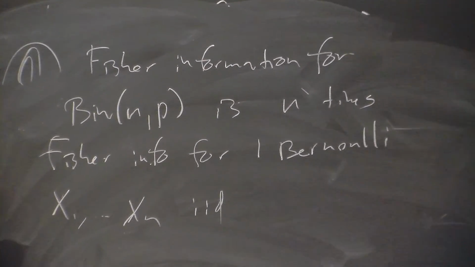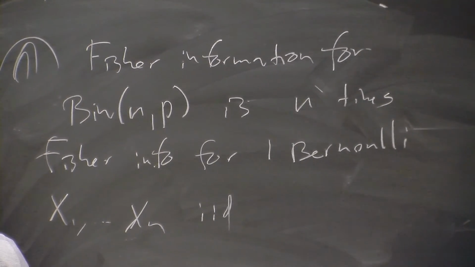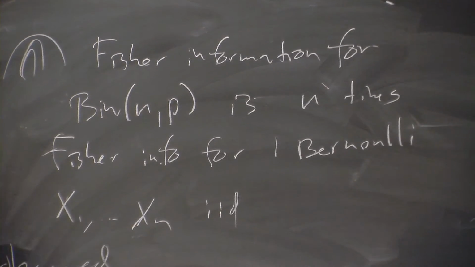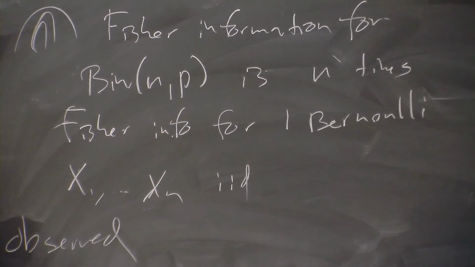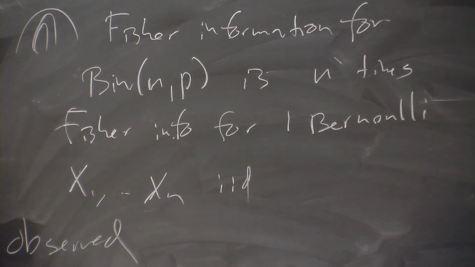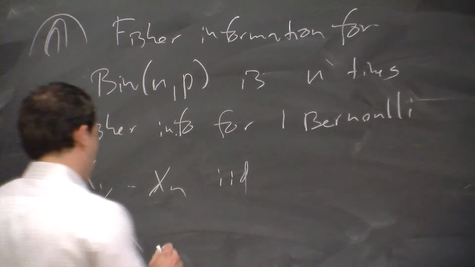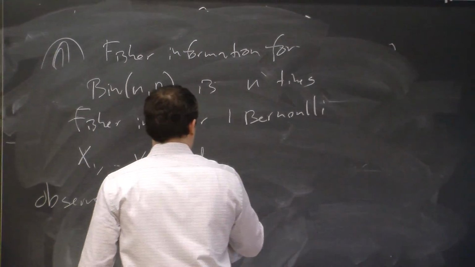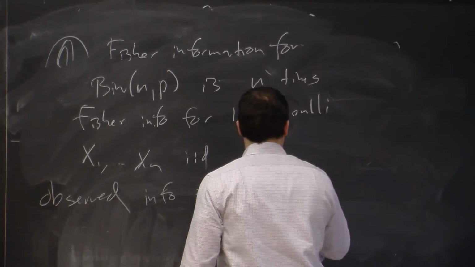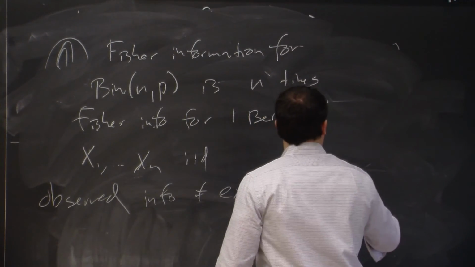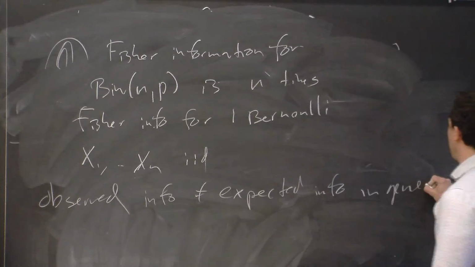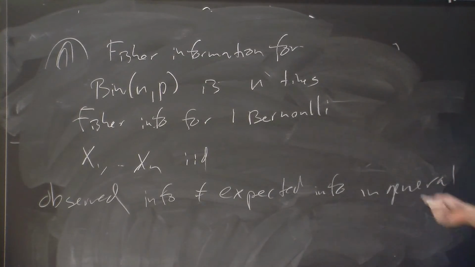So in this case, there was this other thing that I mentioned called observed information. In general, the confidence interval or the hypothesis test that observed information will give you is not the same as the one that you'll get from expected information. But in some cases, they're equal. So in this binomial Bernoulli case, it happens to be that they're equal.